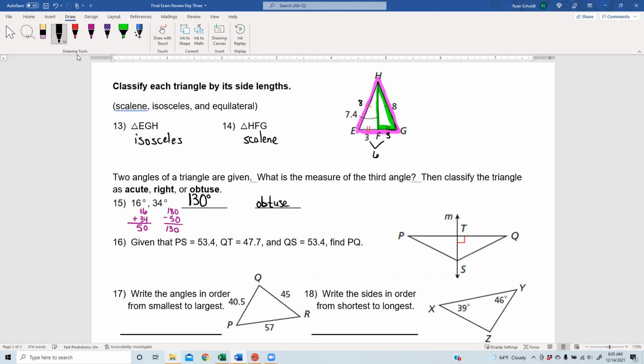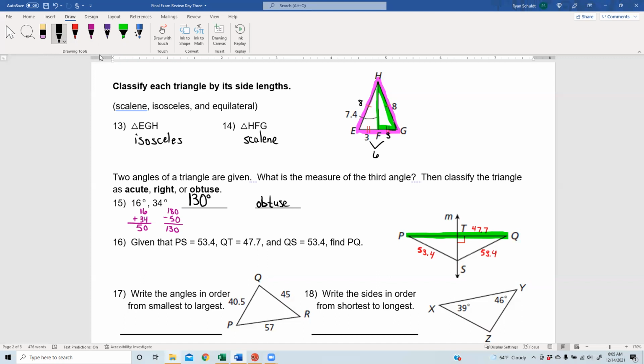Okay, 16. Given that PS, and as you're reading these, write in what it's giving you. So PS is 53.4. Write it in. QT is 47.7. And QS is 53.4. Find PQ. That's what we're finding. Well, PS and QS are the same.